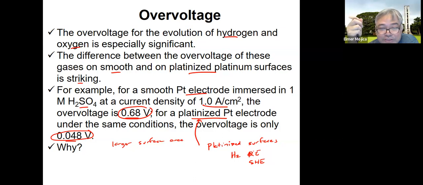And its main use, platinized surfaces, is in the construction of the hydrogen electrode. They usually lower the current density to a point where the overvoltage is almost negligible. Kaya mababa yung ano nila. Okay? So I think that's what I have.